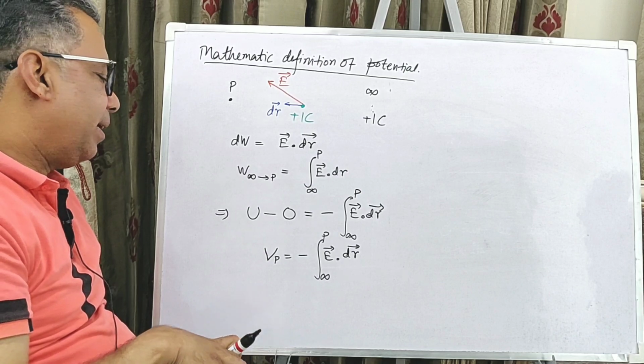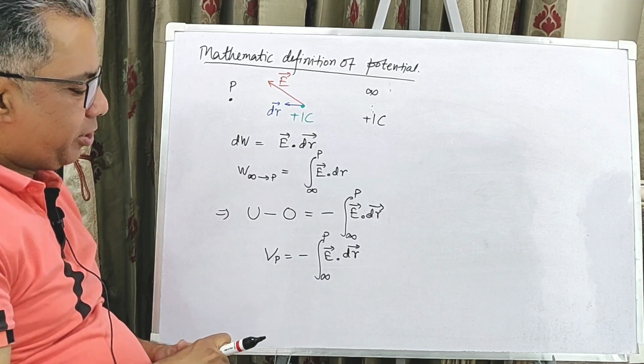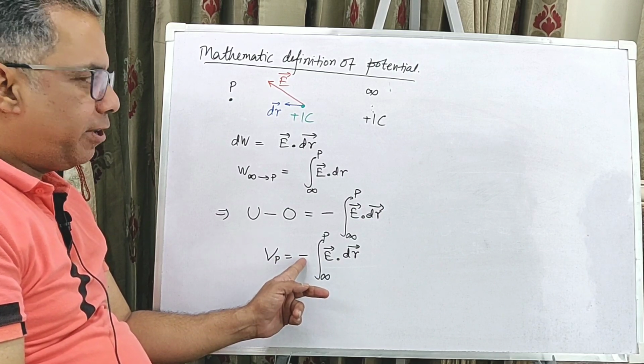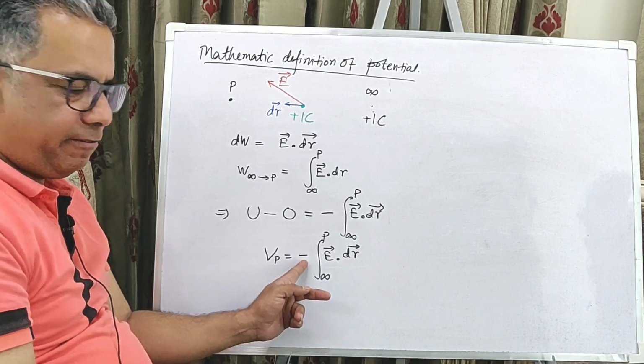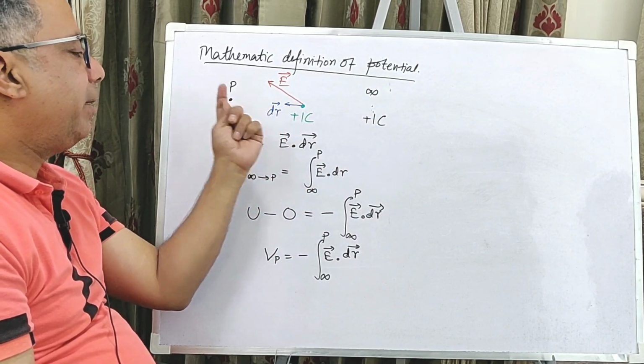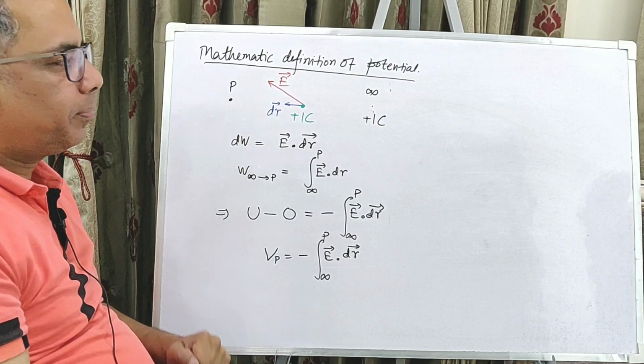So mathematically we can describe potential at a point as negative of work done by the electric field in bringing a unit positive charge from infinity to our given point.